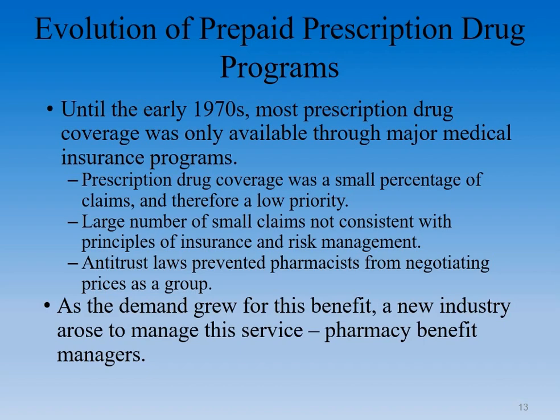A large number of small claims was not consistent with principles of insurance of risk management. Antitrust laws prevented pharmacists from negotiating prices as a group. As the demand grew for this benefit, a new industry arose to manage this service, PBMs, pharmacy benefit managers.